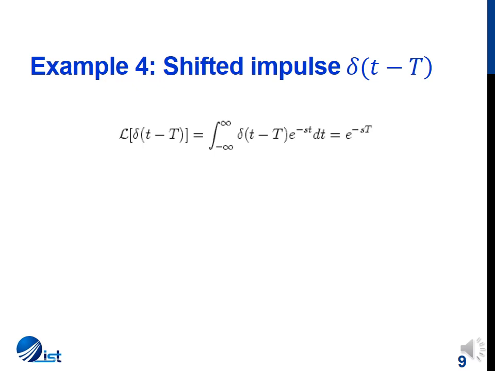When we determine the Laplace transform of a shifted impulse, we can apply the shifting property, which says that whenever an impulse is multiplied by a function, we get the value of the function at the instant of the impulse. Since this impulse was existing at time t equal to capital T, we get e raised to power minus sT, where capital T was the instant at which the impulse was existing.